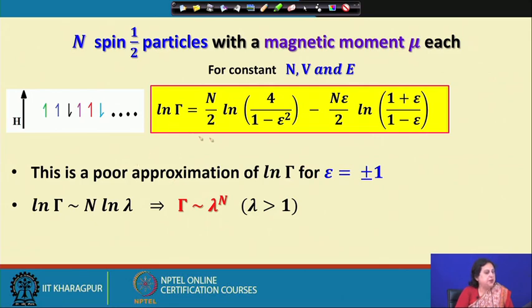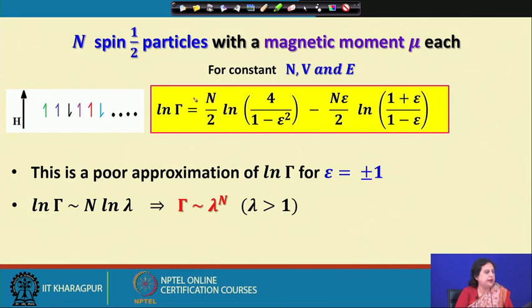This must be a very poor approximation for the total number of microscopic states in the case when epsilon is equal to plus minus 1. So, of course, this relationship is valid when epsilon has a value other than plus 1 or minus 1.